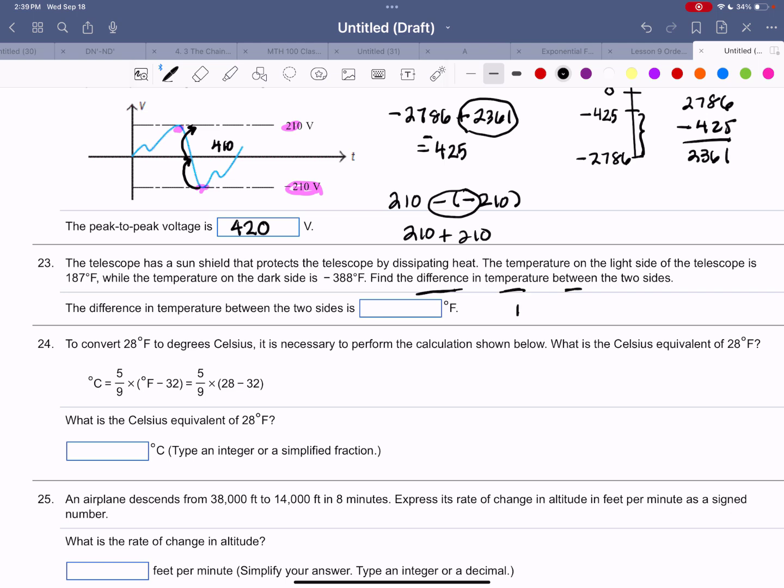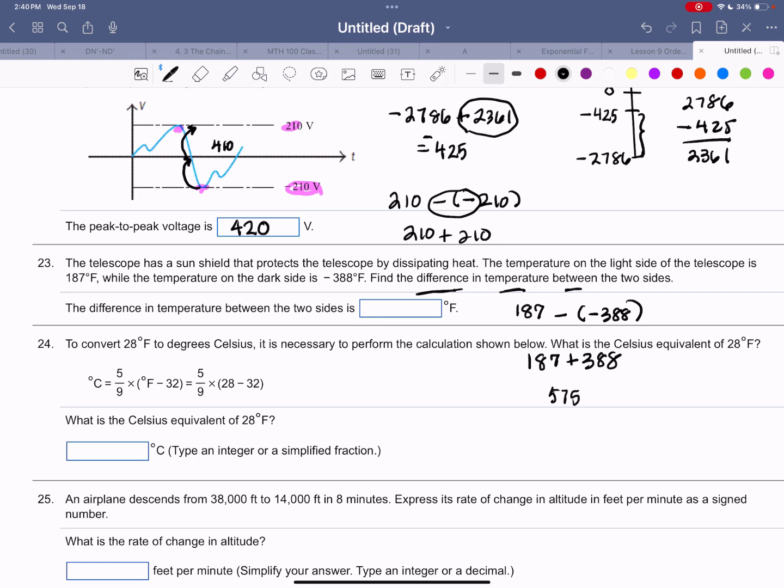So we've got 187 minus negative 388. So the difference between those two is 187 plus 388. And so I do 187 plus 388, and I get 575.